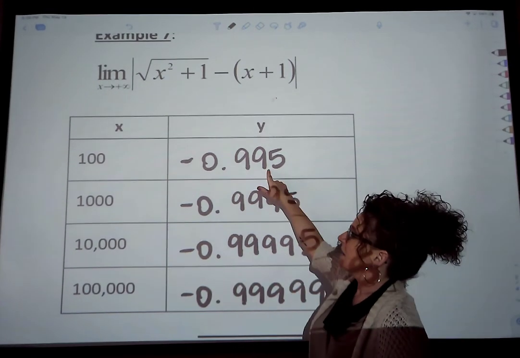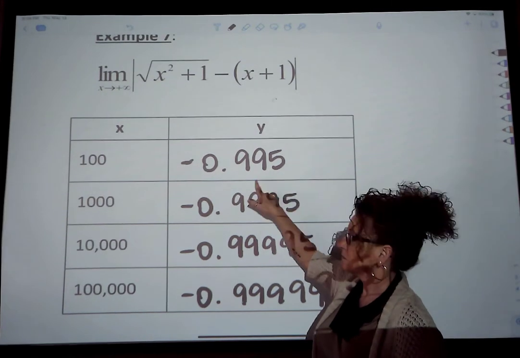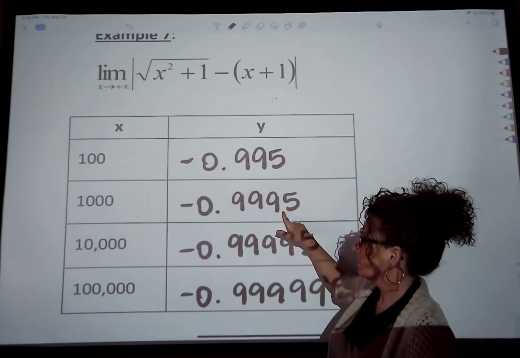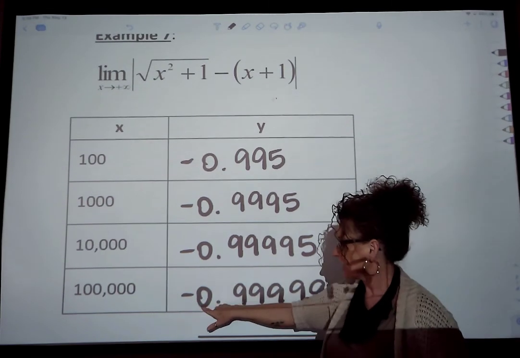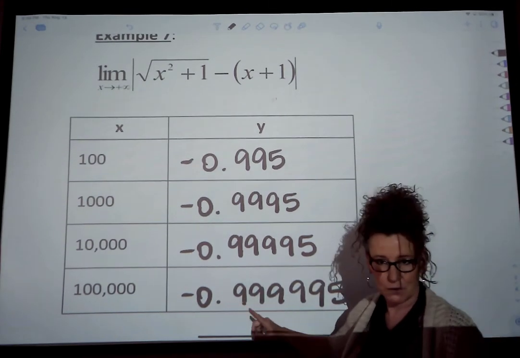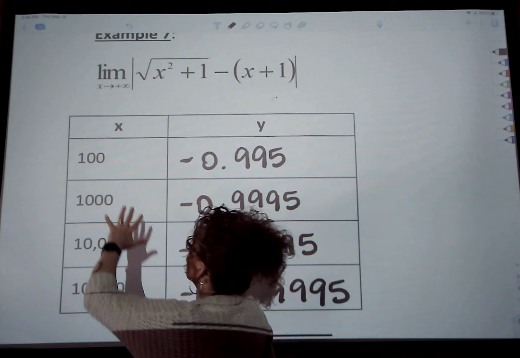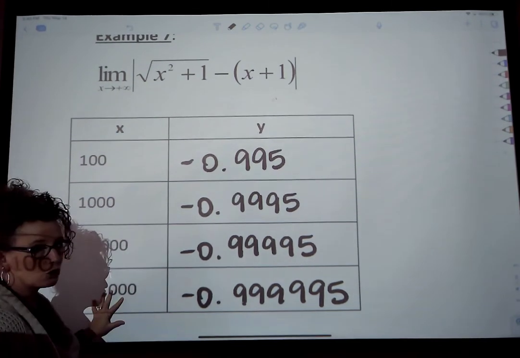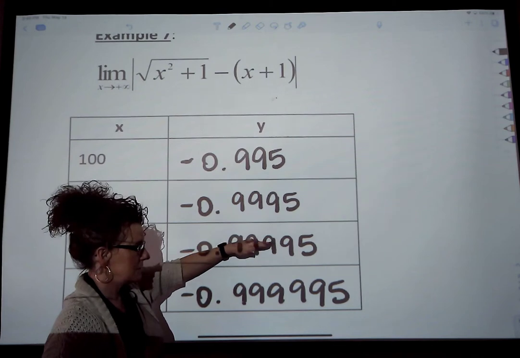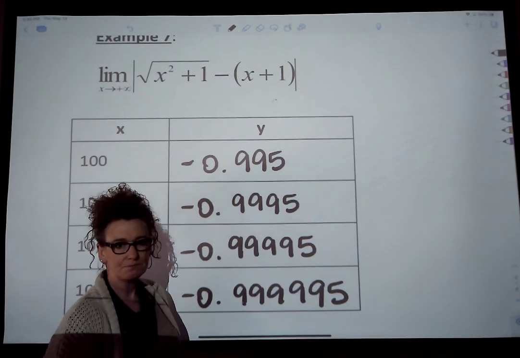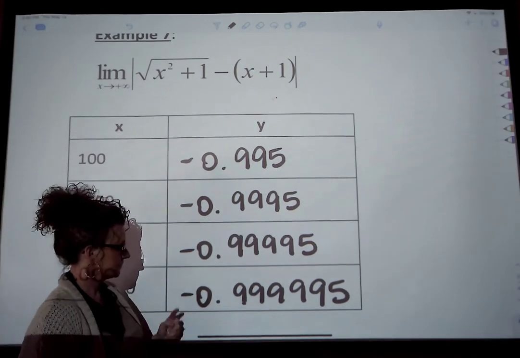Negative 0.995. Subbed in that number, this is what I got from my y. Okay? You see a pattern. As x gets huge, as x goes to infinity, where do you think these numbers are headed? Negative.